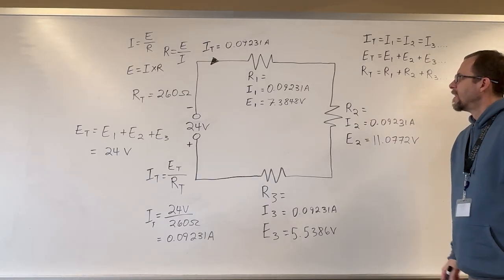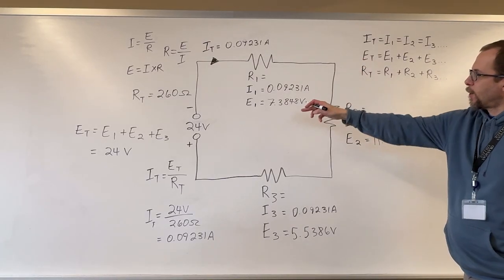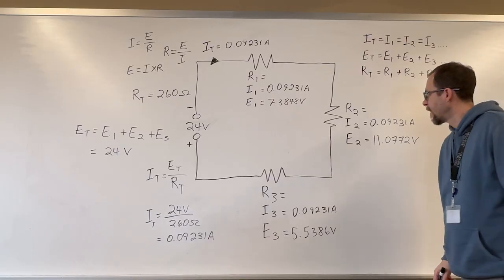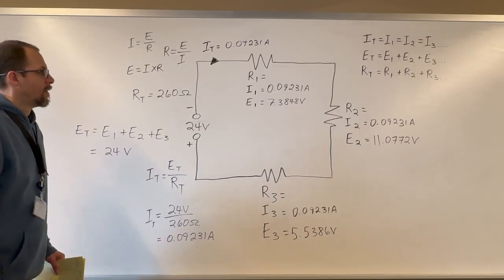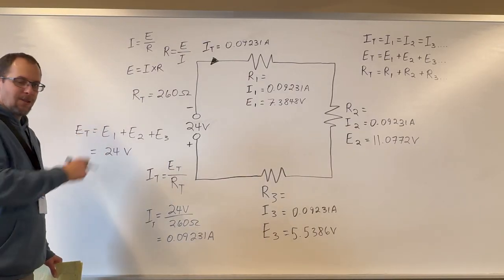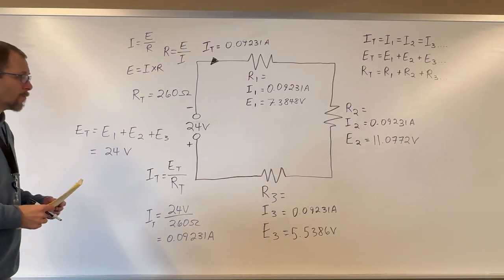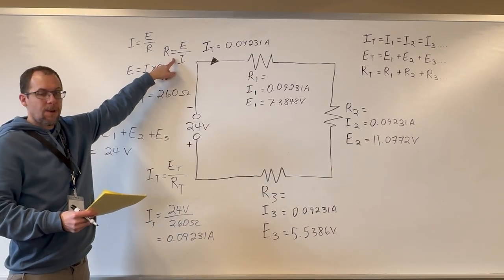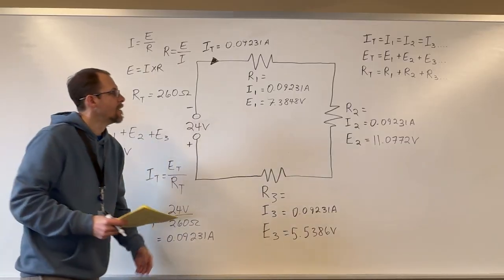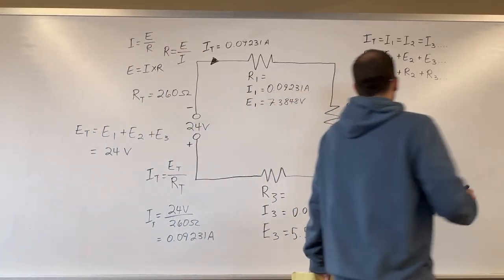Excellent. We've figured out our I total and our E total so far. But now we need to solve for R1, R2, and R3. We can go back to Ohm's law and do R equals E over I.